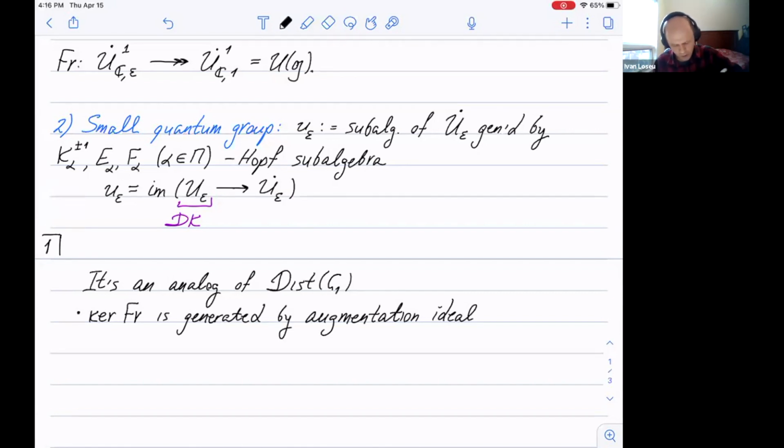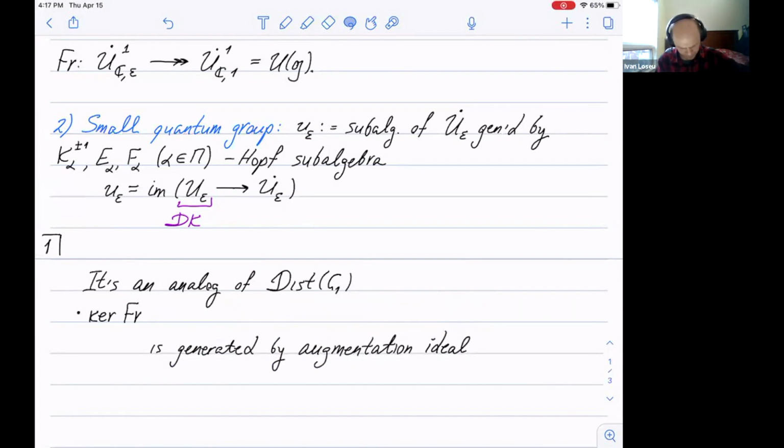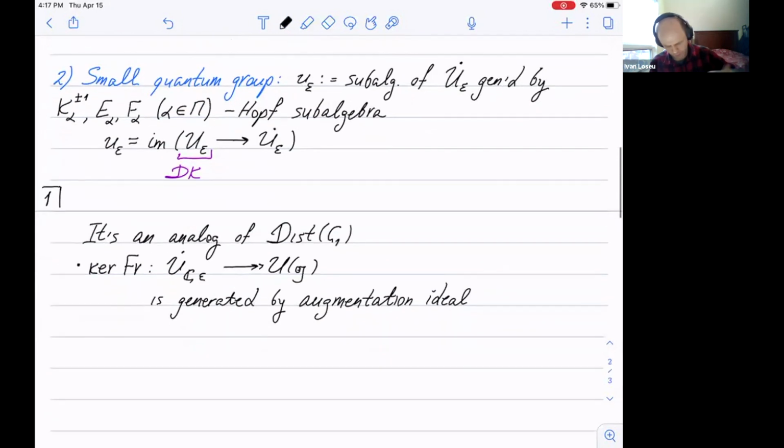Let me write what Frobenius is. It starts at U dot C epsilon and goes all the way to U(g). So in particular, K alpha goes to 1 under this. So this kernel is generated by the augmentation ideal of U dot epsilon.